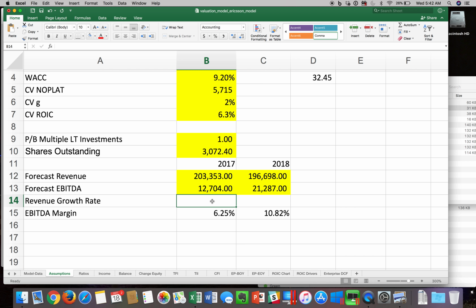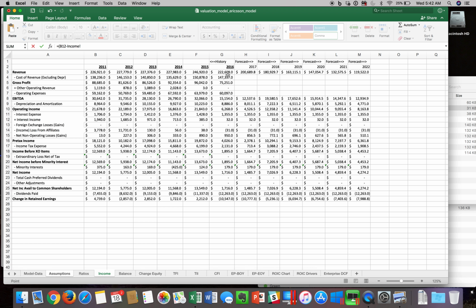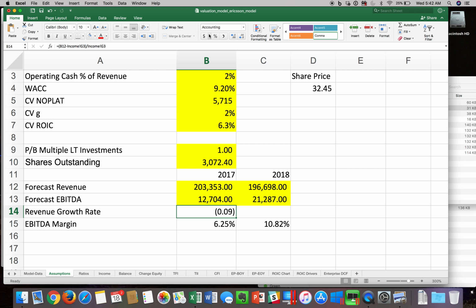Revenue growth rate is current year minus previous year divided by previous year. So equals, left paren, current year 2017 forecast, minus from the income tab 2016 actual revenue, G3, right paren, divided by G3, 2016 revenue. So basically, that would be the revenue growth rate that the analysts are predicting.